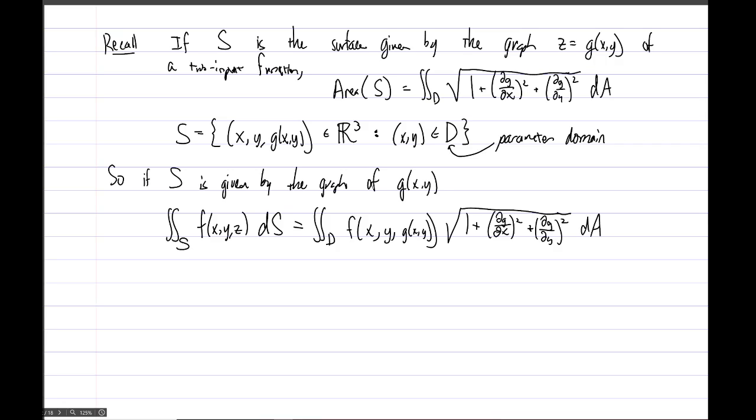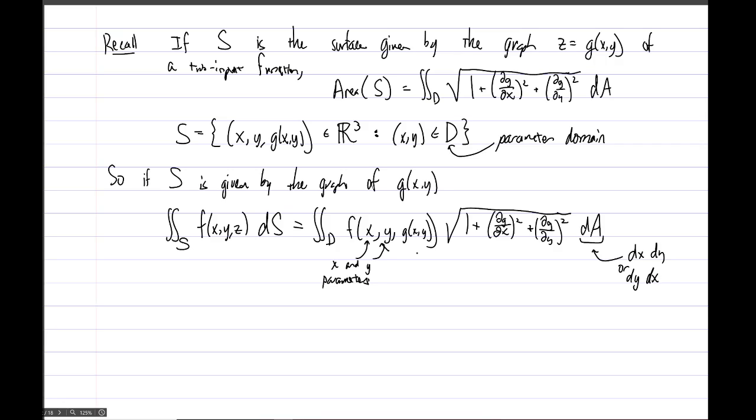What's important to point out is that x and y are just parameters. They were just playing the roles of the parametric variables, or the parameters, instead of u and v, right? So x and y are just the parameters. We replace, in a sense, x with x and y with y, so really no replacement is needed. For that reason, this dA is dx dy, or is going to end up being dy dx.